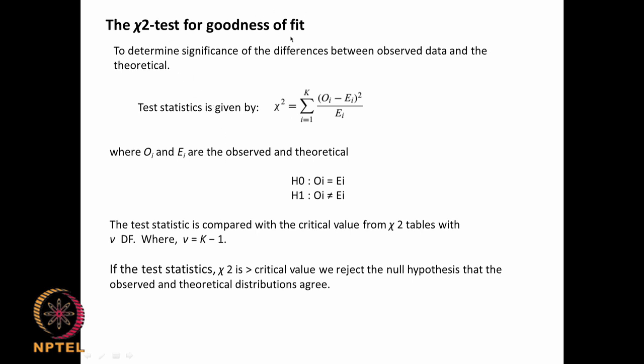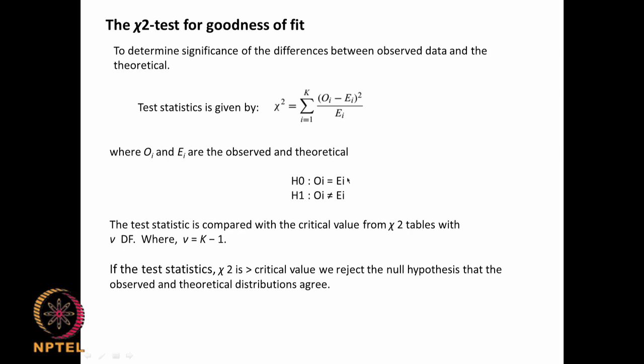We can use it for testing goodness of fit. That means you observe something whereas you expect something. So, obviously, the observation is either different from your expected or equal to the expected. The test statistic will be observed minus expected, squared, divided by expected, summed over k values.